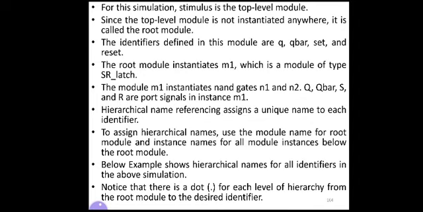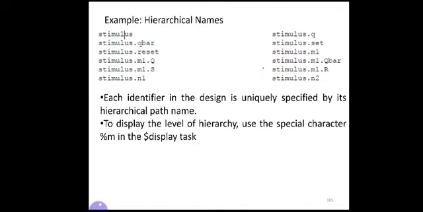To assign hierarchical names, use the module name for the root module, or starting point, and instance names for all the module instances below the root module, and just separate them by a dot. The example below shows the hierarchical names for all the identifiers in the above simulation. Notice that there is a dot for each level of hierarchy from the root module to the desired identifier. So observe here the exact example of the hierarchical naming reference.